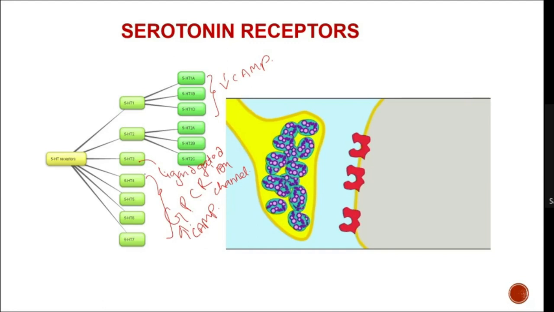But why have I brought this into your knowledge? This is one receptor which we will try to block by using an antagonist. This is the story for the drugs that act as antiemetics.